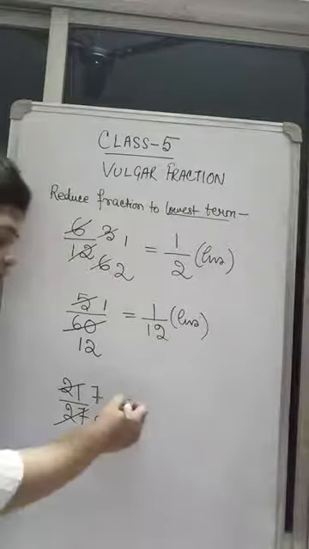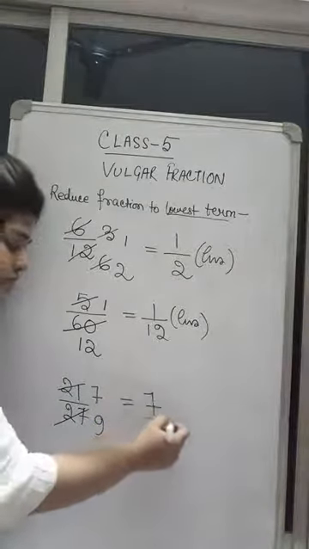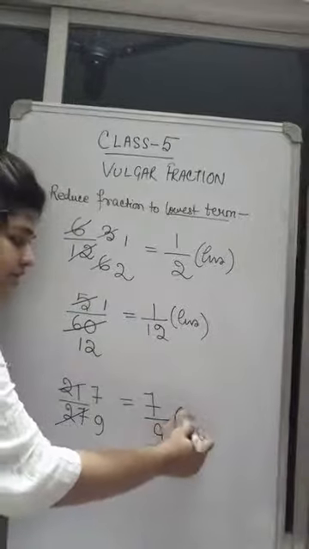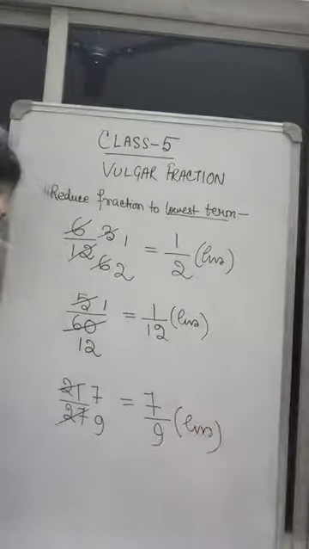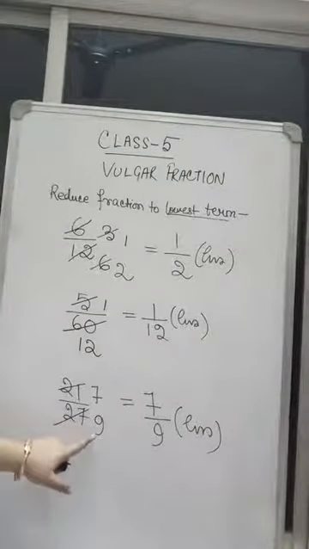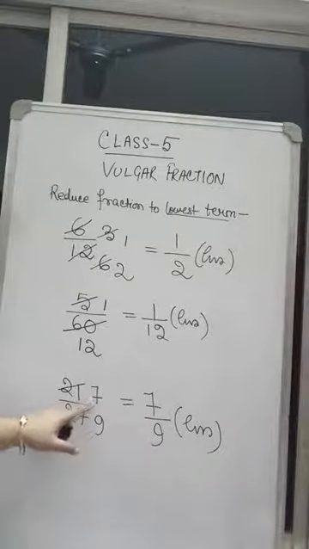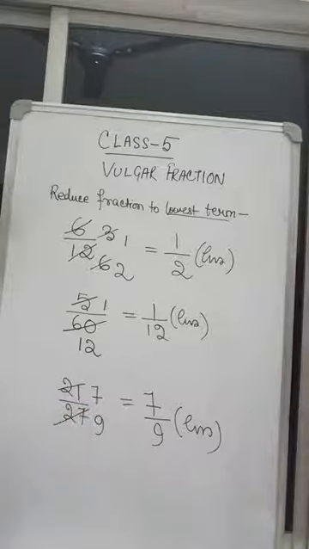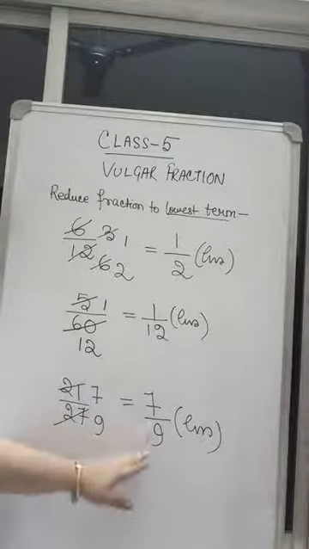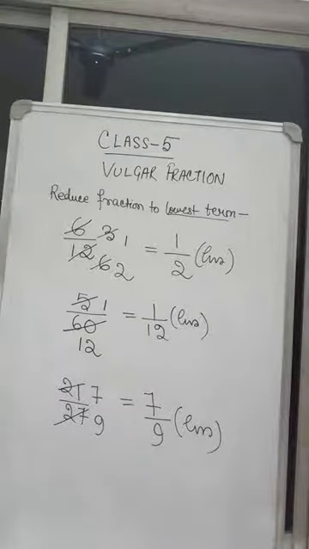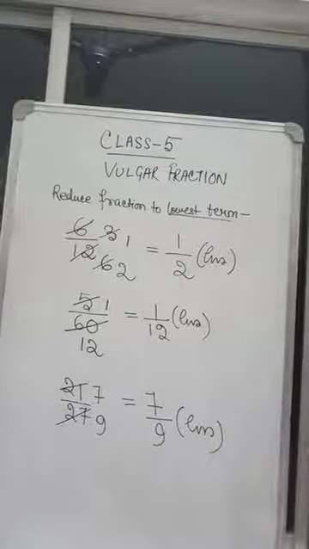So the reduced fractional number is 7 by 9. You can divide 9 again by 3, but you cannot divide 7 by 3 because 7 does not come in the table of 3. So you have to leave your answer over here, 7 by 9.